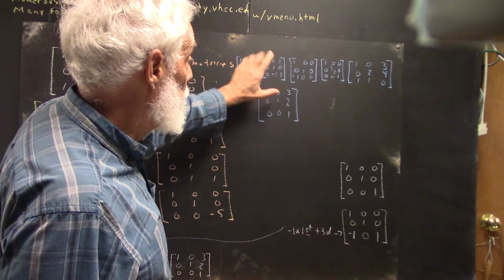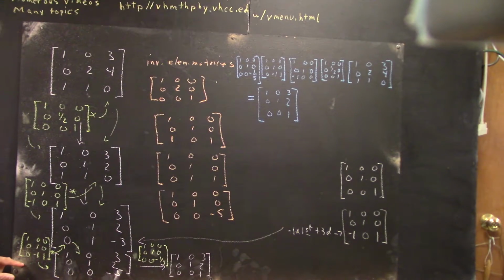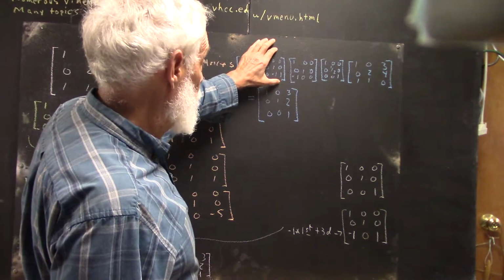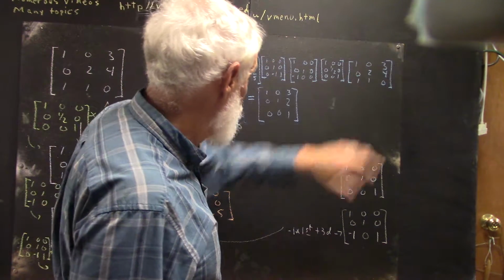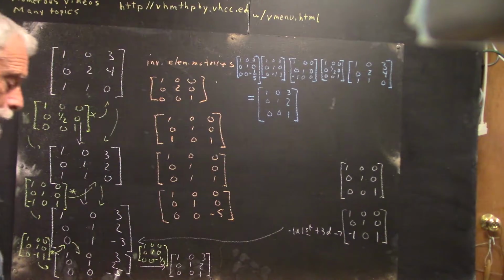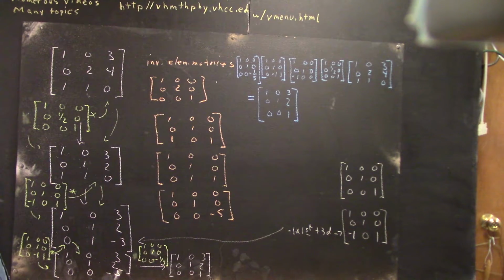If I multiply that by the inverse of this matrix, that's going to give me an identity here, which multiplied by the rest of this just gives me all of this, and so forth and so on. Now, I'm going to do that explicitly in a minute, but first we want to talk about how to get the inverse matrices, and then we want to talk about the order in which we're going to multiply them.